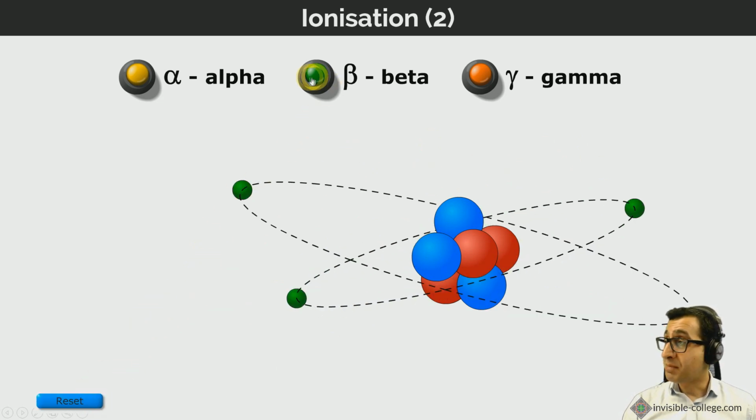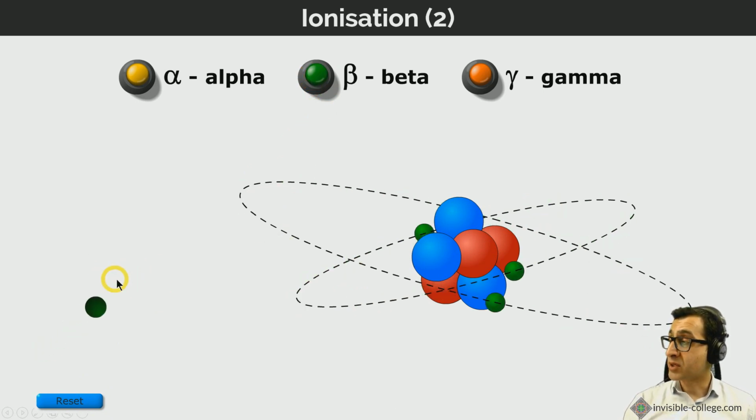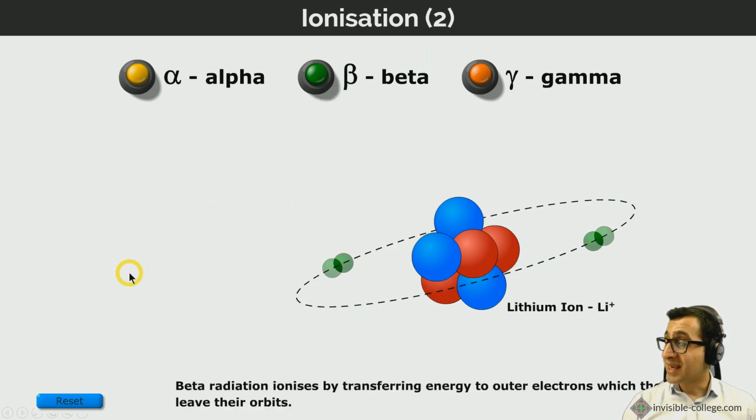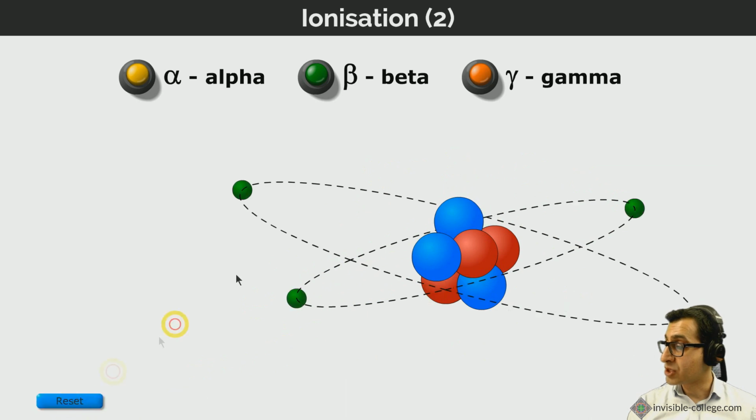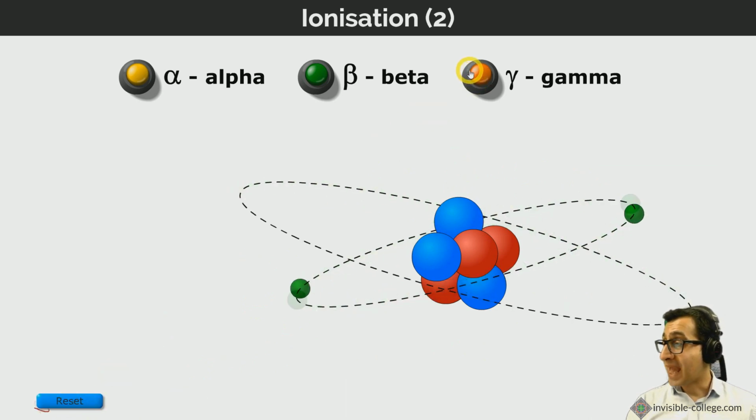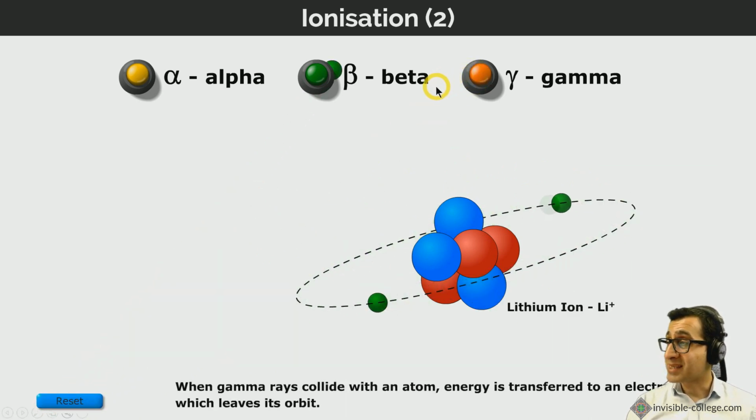Now, in contrast, a beta particle can also cause ionization, but it does so in a slightly different way. As a beta particle strikes an atom, the kinetic energy of the beta particle itself is transferred to that outermost electron. That excess energy that the electron then has allows it to leave that outermost energy level, leaving behind again a positively charged ion. Now, a gamma wave is an electromagnetic wave.